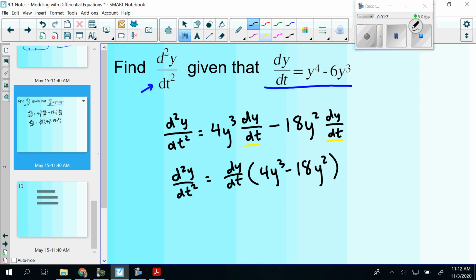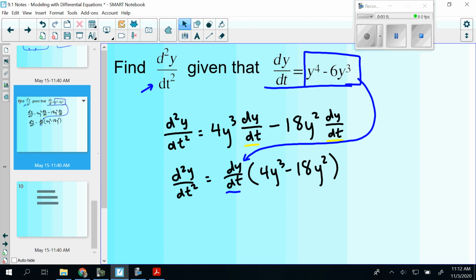So what you got to do then is, if they want the second derivative to not include the first derivative, even though it's right here, you want to make a substitution. Now we know that dy dt is equal to what we have here, so if we substitute that back in, then our second derivative only depends on y, it doesn't depend on the first derivative.